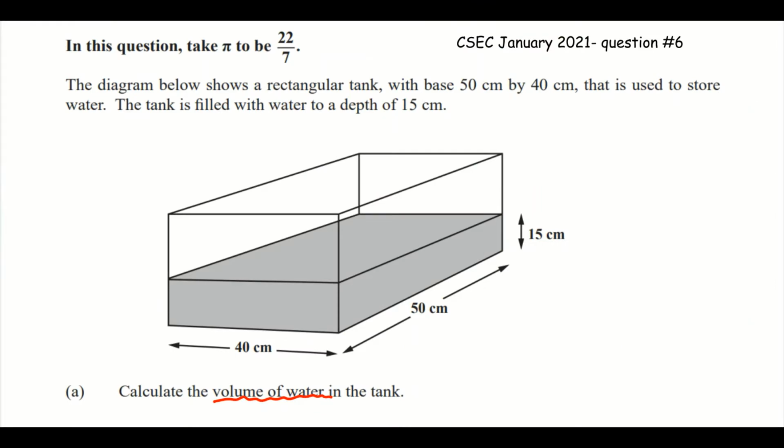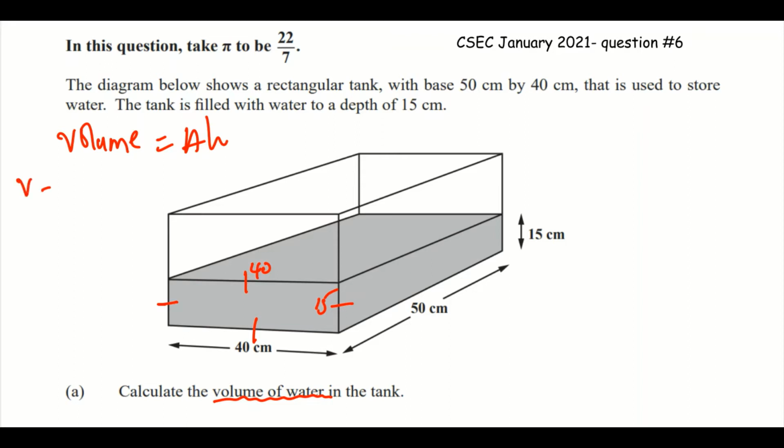So we have volume equal to A times H. Now the area of our cross section, this is our cross section of the water in the tank. If here is 40, here is 40, and if here is 15, then here is also 15. So the area of the cross section is going to be length times width.